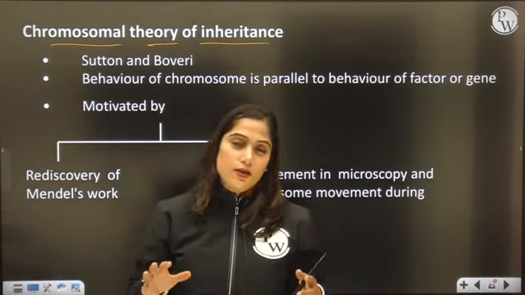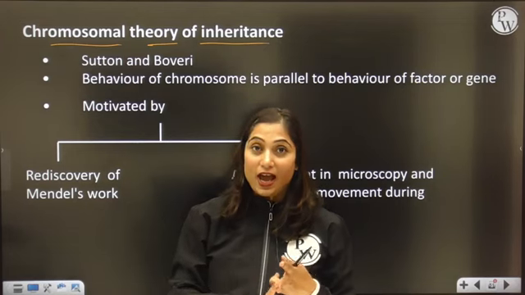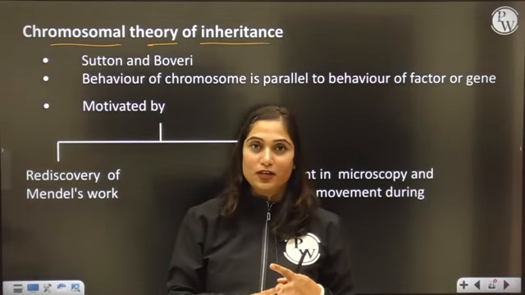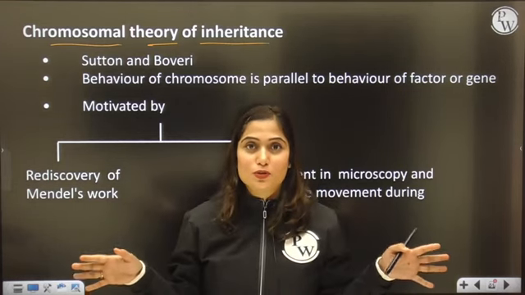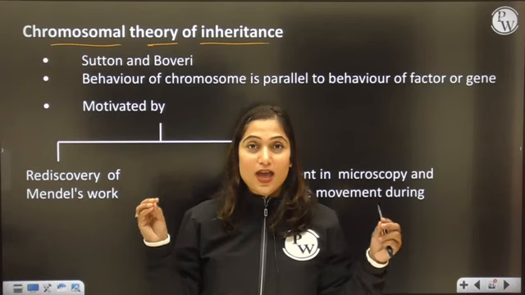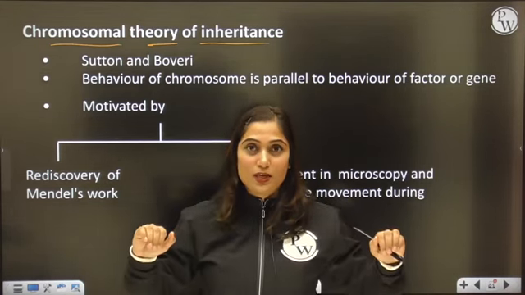So around 1902, we had laws of inheritance, and we had the proof that yes, there is movement of chromosomes, right? So now we have the knowledge of chromosomes. How do they move? How do they segregate during the anaphase?